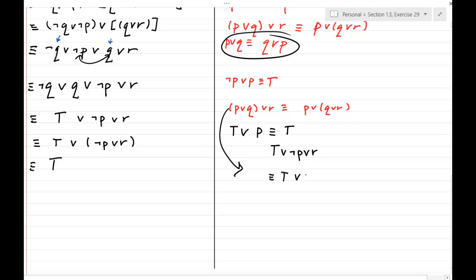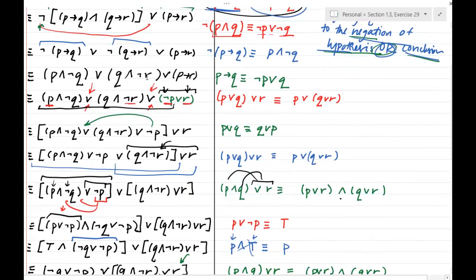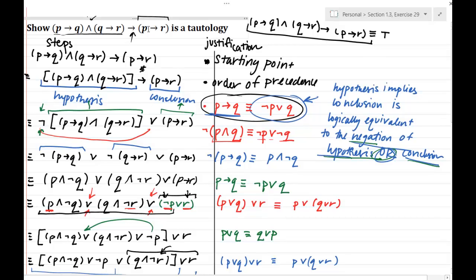And then if I take true or R, it's true, right? But to be really accurate here, I need to be a little bit more careful. And so we showed in a lot of steps here that this is a tautology.